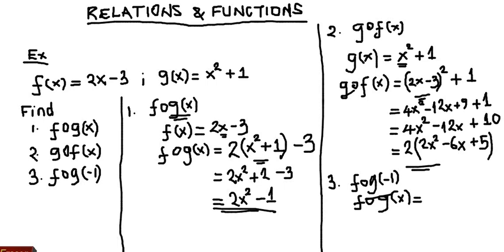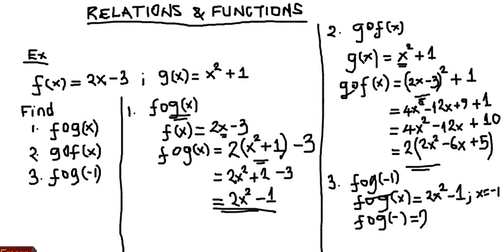We have found f of g of x to be 2x squared minus 1. So in this function, where there is x we put negative 1. That's what it means: f of g of negative 1 simply means we are going to substitute that in the function.